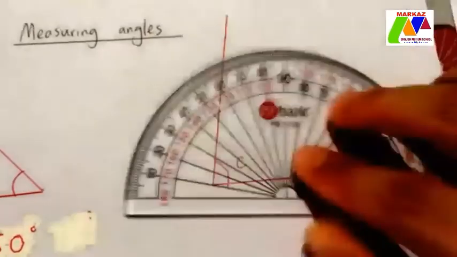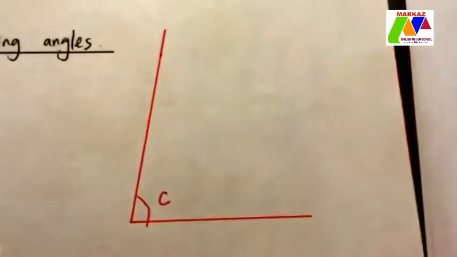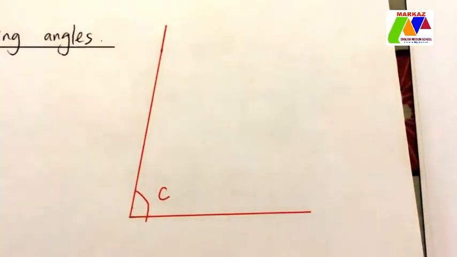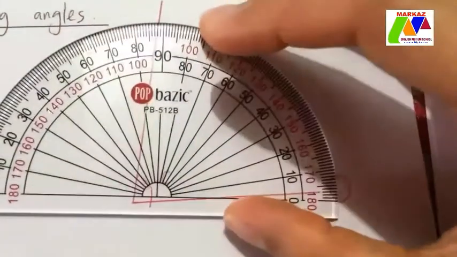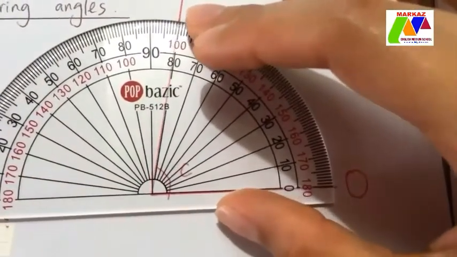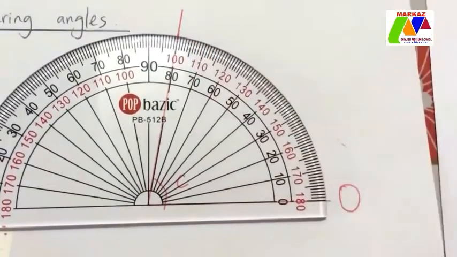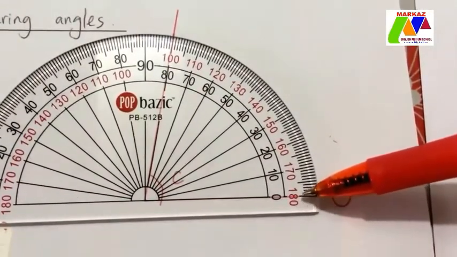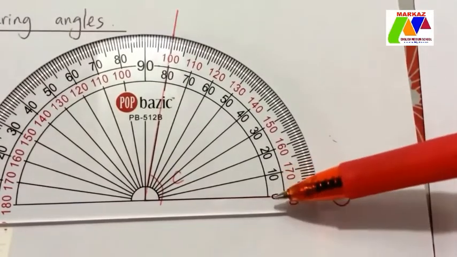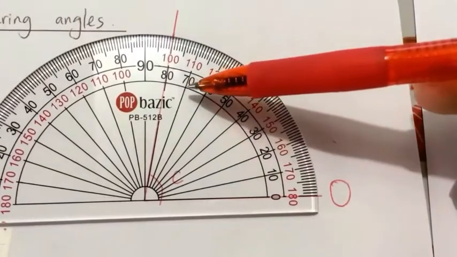One more angle here, angle C. Put the protractor center point on the vertex. 0 degree is where the bottom line of the angle is. Let's count. 10, 20, 30, 40, 50, 60, 70 and 80.